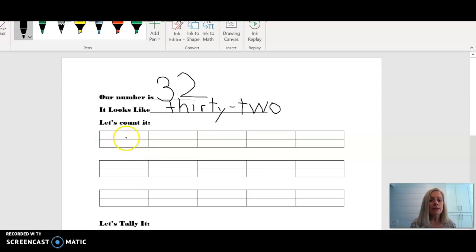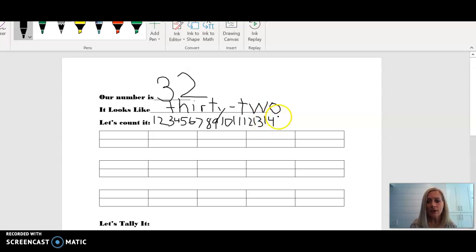All right, so let's count it. 1, 2, 3, 4, 5, 6, 7, 8, 9. Ooh, that needs to be longer. 9, 10, 11, 12, 13, 14.